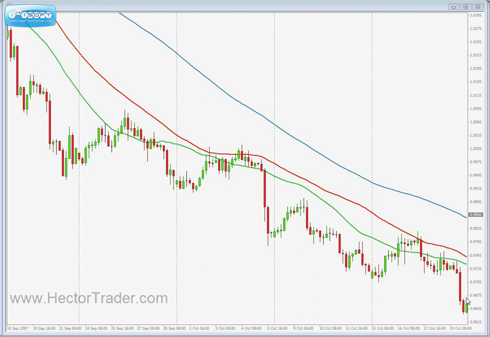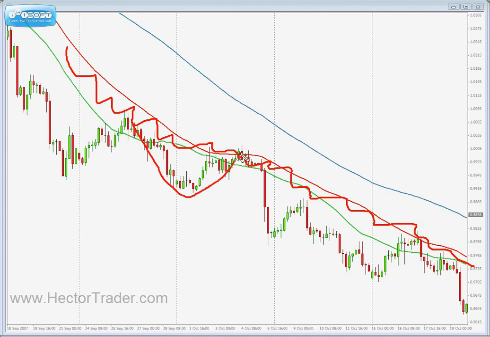Just go to your own charts, plot the 30, the 50, and the 100 simple moving average. Scroll back in time, search when they fall in order, and when they do, mark the area between the 30 and the 50. If price retraces here and the area holds, fine. Of course, if price breaches through, search no more, there is no trade to take there.